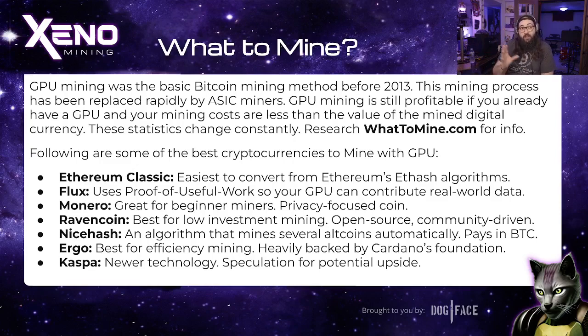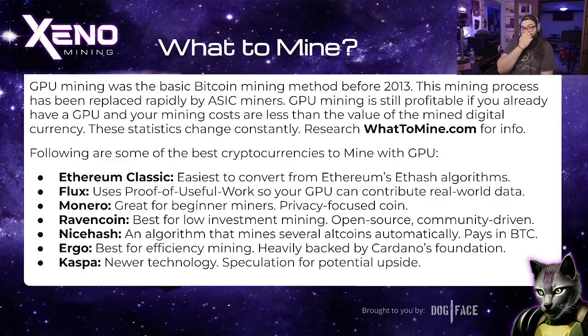Now the thing about Ravencoin that I think is very interesting is that it's open source, right? It's community driven, but it also requires more power to start with mining Ravencoin. So that's something you want to think about. But as far as getting started with Ravencoin, it is very simple. So that's something that's interesting for people.